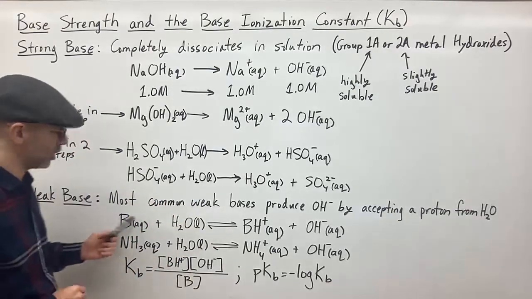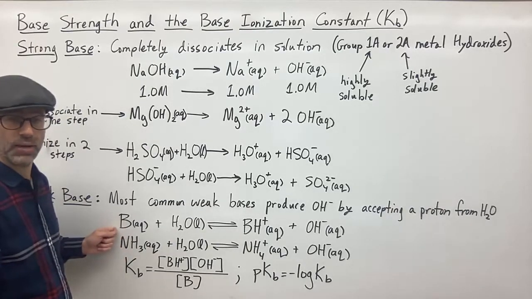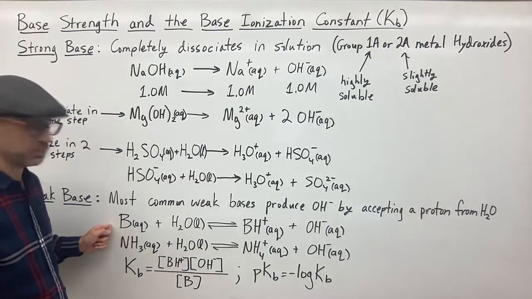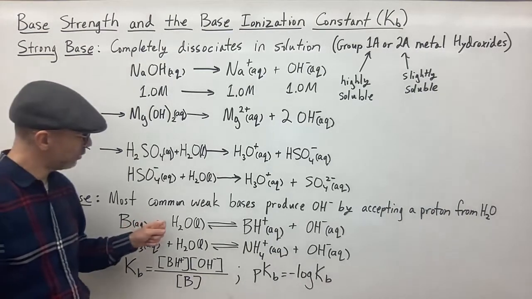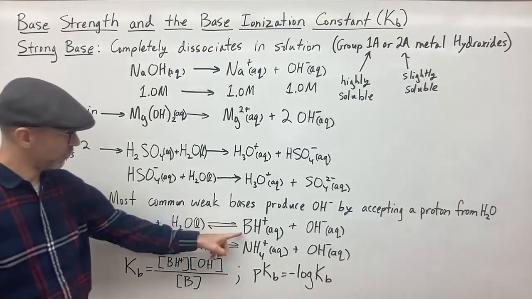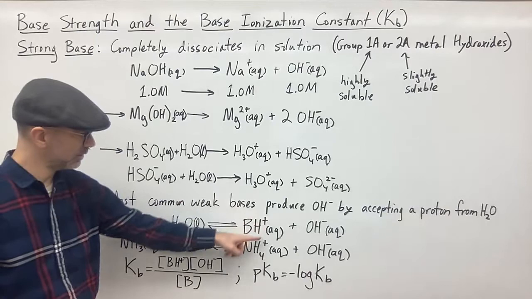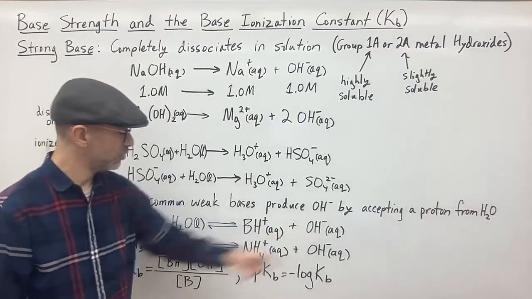So here's our generic equation for a weak base, or just for a base in general. We have B for base. The base is going to react with water. It's going to take a hydrogen from water and form this BH plus complex, aqueous. And then what's left over is the hydroxide ion.